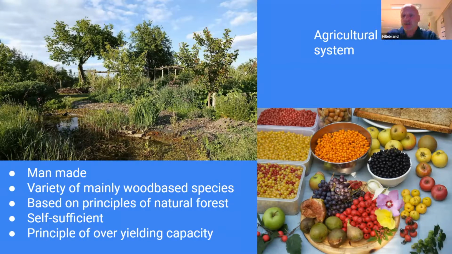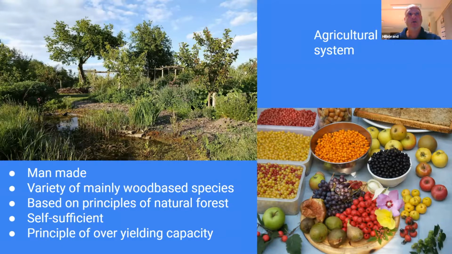The forest is taking care of everything. And in food forestry we use the principle of over-yielding capacity. That means that you produce in abundance, and there is enough left for people. That's actually, in a nutshell, the principle of food forestry.